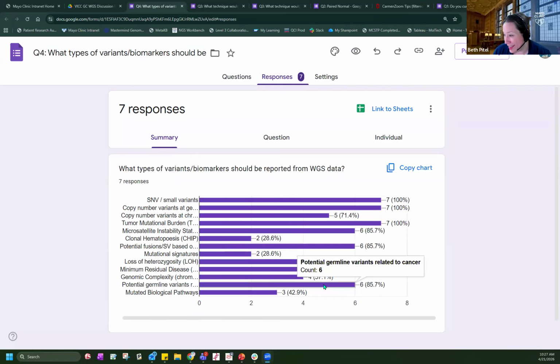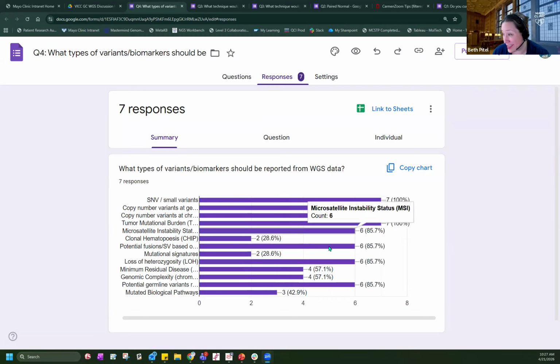That's cool. And then potential germline variants related to cancer, so calling out variants that are potentially germline and related to a patient's phenotype. Copy number variants at a chromosome level is an interesting one too, and that also scored high.